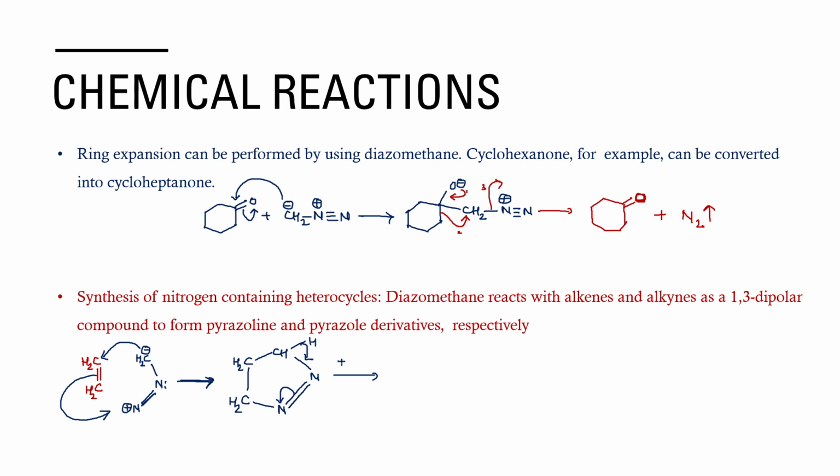So I would say plus minus H plus, and we get something like this. OK, this is a pyrazolene.